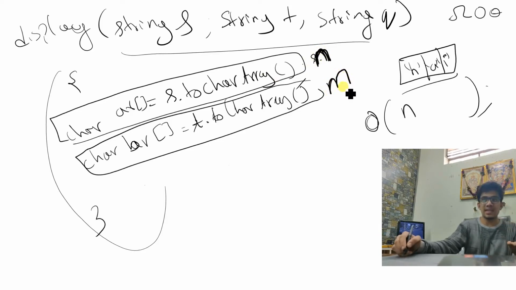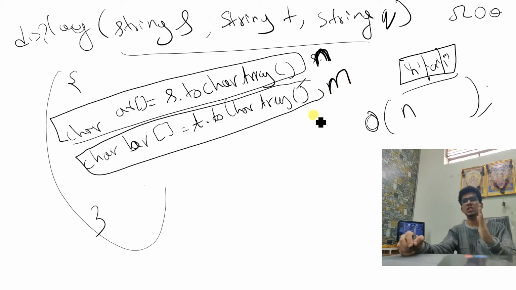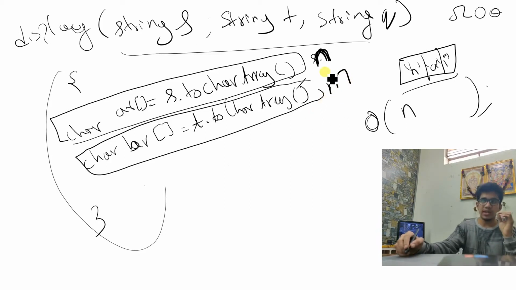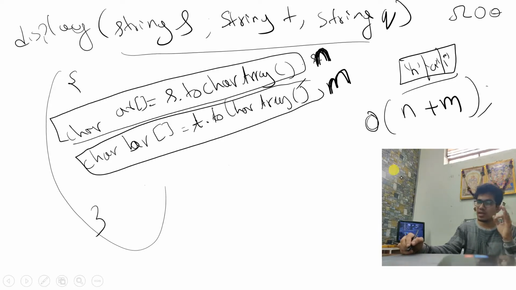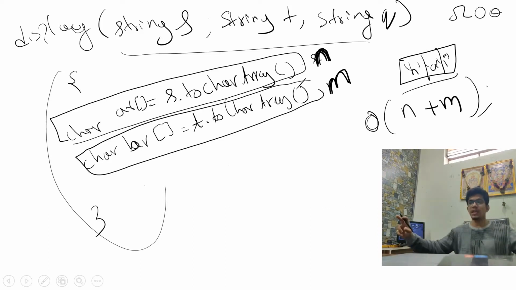In that case, total how much memory does it occupy? Don't you think it occupies n plus m memory? Yes, it occupies n plus m memory. I want you to be clear on this. It occupies n memory for string s and separately one more array for the string t. I hope you have understood.